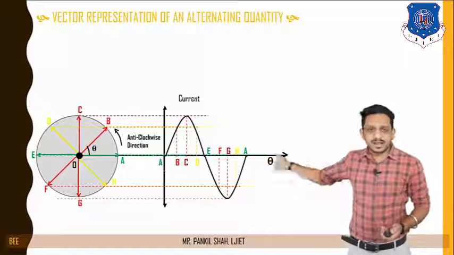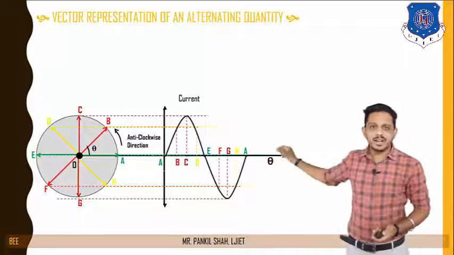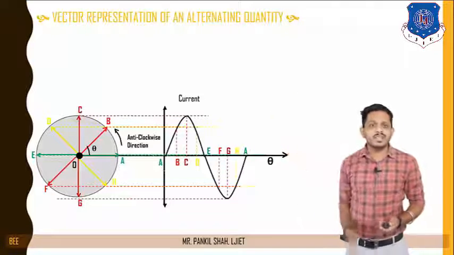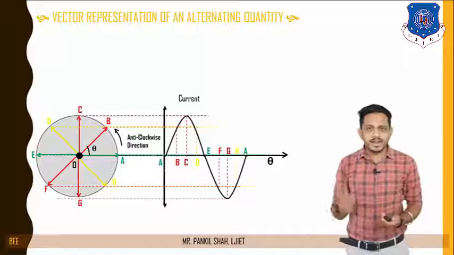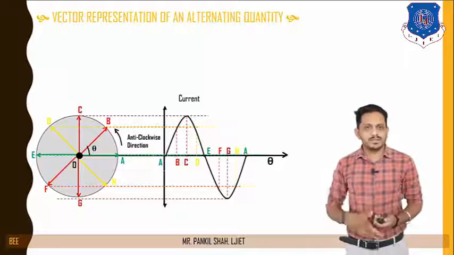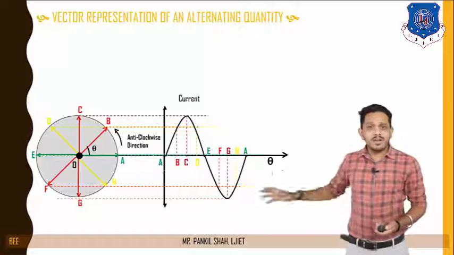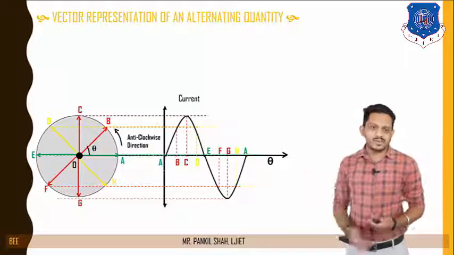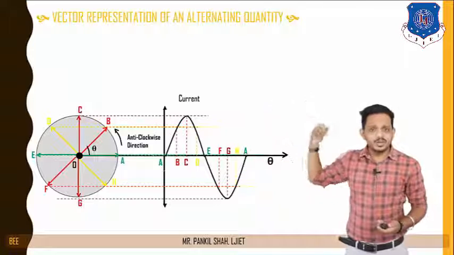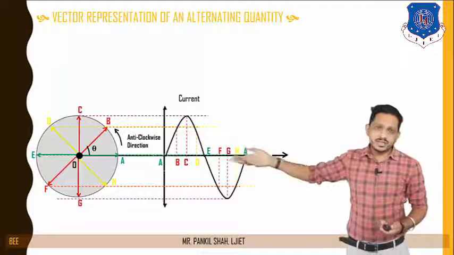In this circle also we have started from point A, then B, C, D, E, F, G, H and we have reached point A again. That is a 360 degree rotation. And we have represented different vectors in this circle at 0 degree, 90 degree, 180 degree, 270 degree, 360 degree.